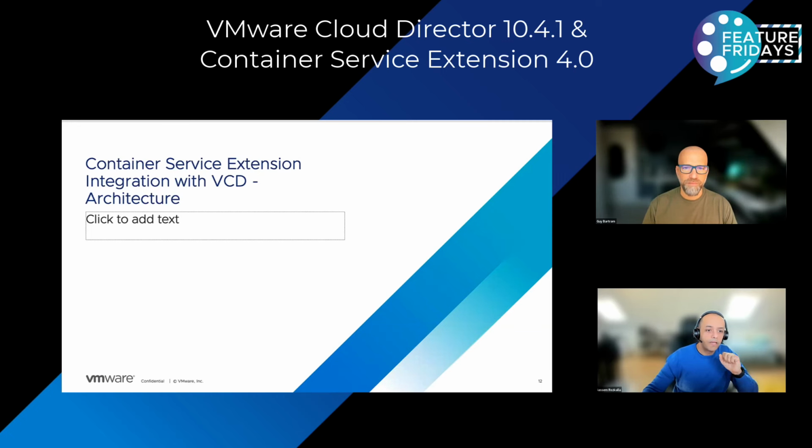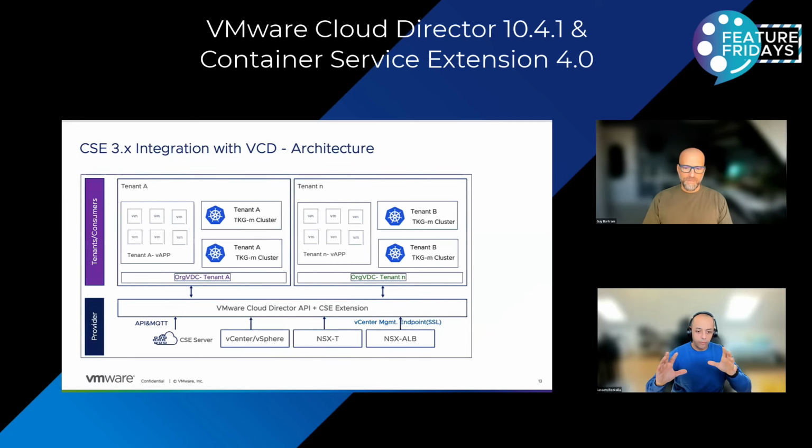So the architecture in overview, if you look at the CSE 4, the difference is not really that much between 3.0 and 4, but the idea is more or less the same.